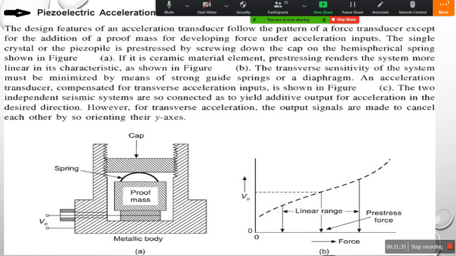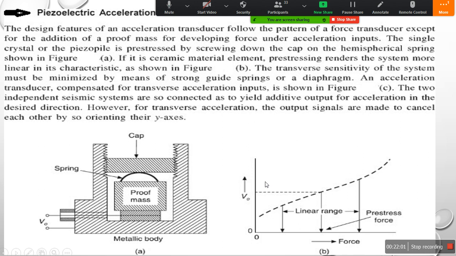That means continuously when force is applied, the voltage increases. That is the basic thing. In the diagram you can also see the linear range, how the linearity will be: force versus voltage. You can see force on the x-axis and voltage on the y-axis. When the force is increasing, the voltage also increases. So continuously, how much linearity, depending on how much force, how much voltage.